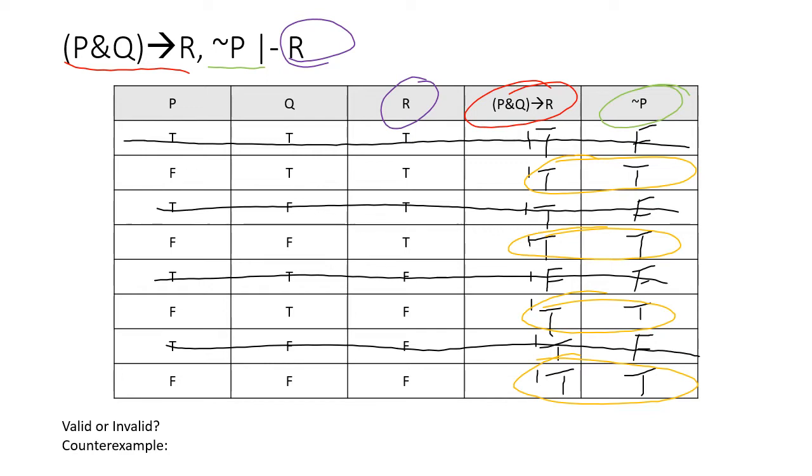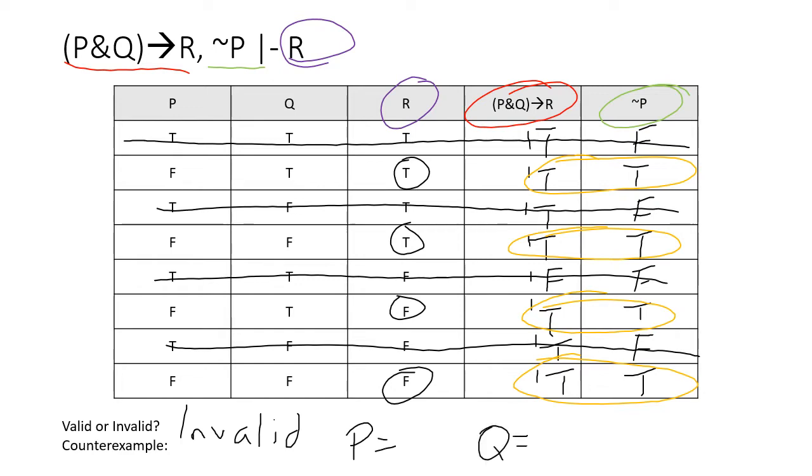And what's our value for our conclusion? Well, we've got two instances in which it's true and two instances in which it's false, but remember that it only takes one instance of a false conclusion and all true premises to make it invalid, and in those situations we need a counterexample. I'll just pick this top one here, and so FTF, but you could have just as easily picked all three of them as being false.